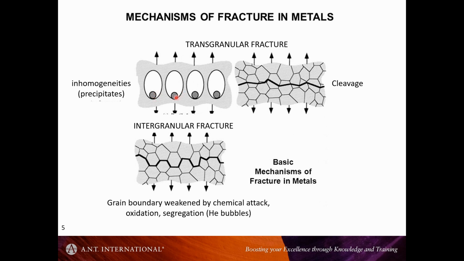You could get into conditions where you simply get decohesion and microvoid formation, even without the presence of a crack. And typically, in a transgranular fracture, it can either occur via this kind of mechanism, or it can occur by cleavage. And as I said, we're not going to talk about cleavage because it doesn't really apply to the conditions we're interested in.